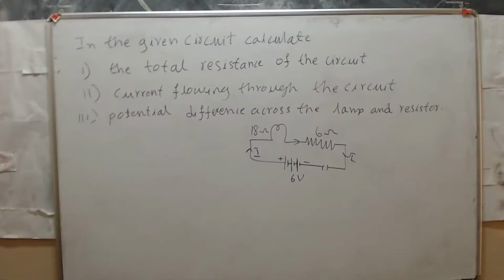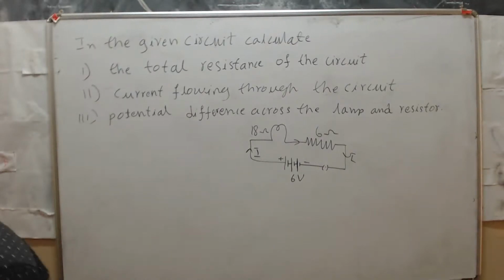Sir, what is the difference between ammeter and galvanometer? Okay, see, an ammeter measures the current, and a galvanometer shows the existence of the electric current. We will discuss more about the galvanometer in the next chapter.